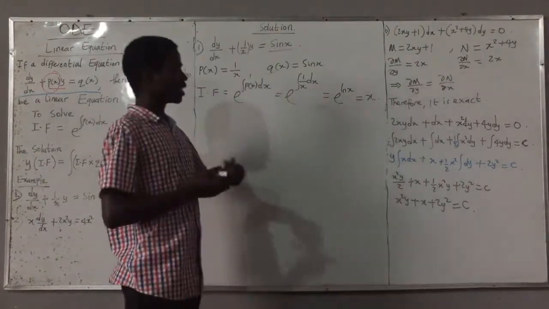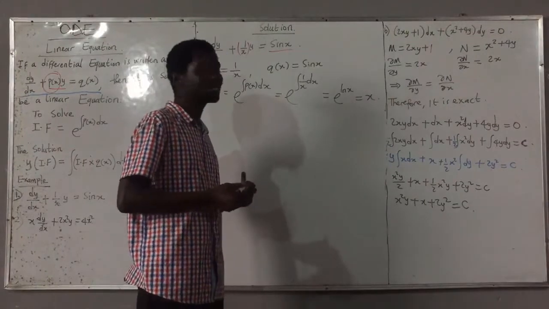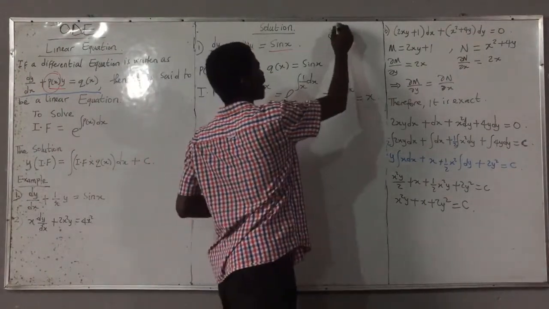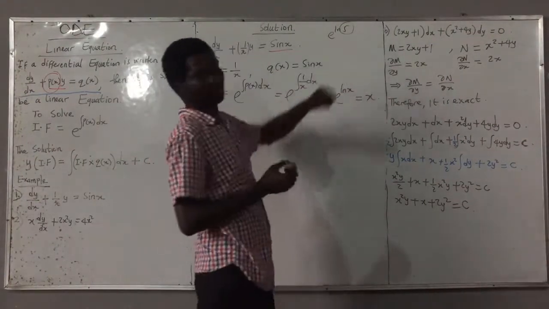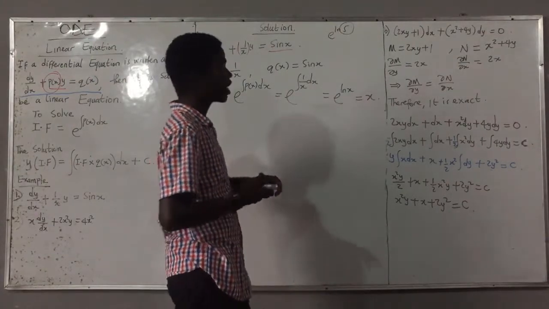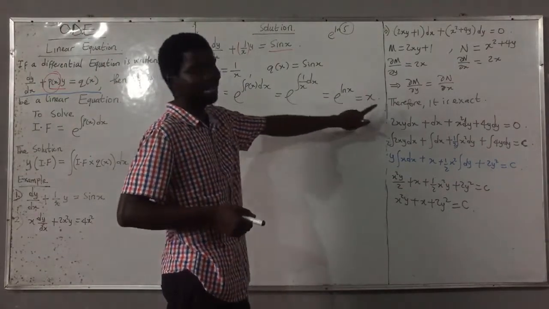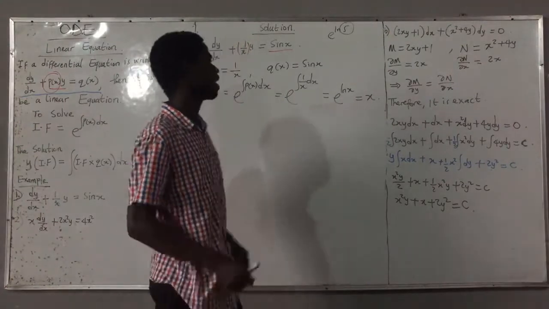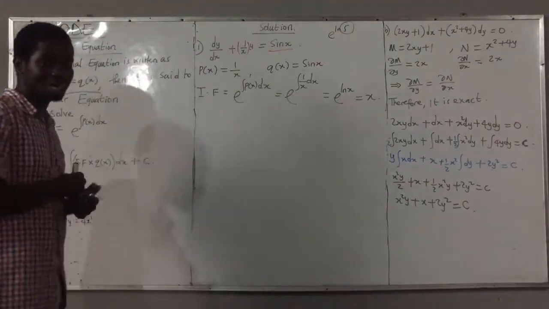If you say e raised to the power ln 5, the answer will just be 5. So e will cancel ln, and it will remain x. The answer is x. Do you get that?